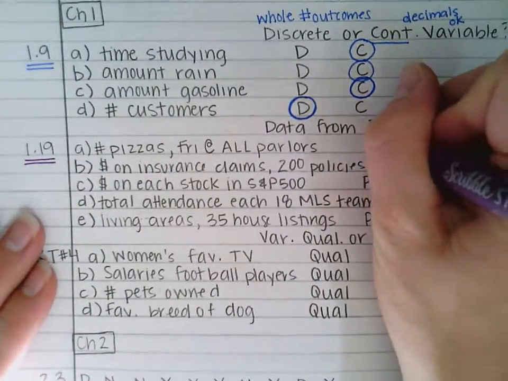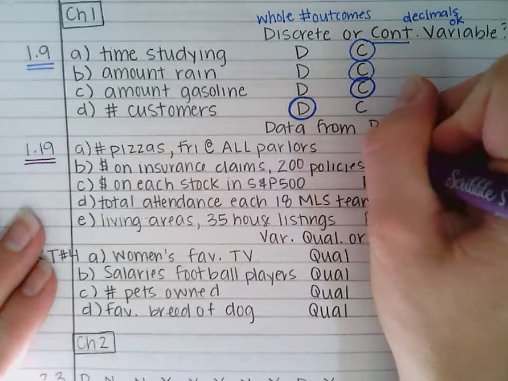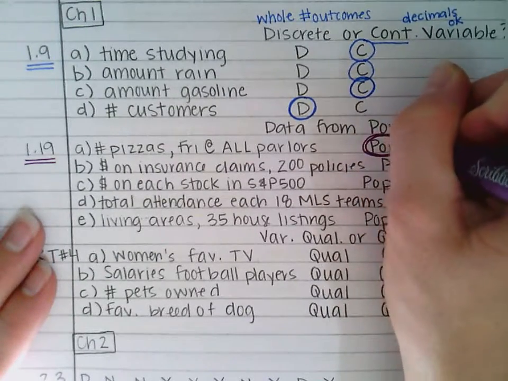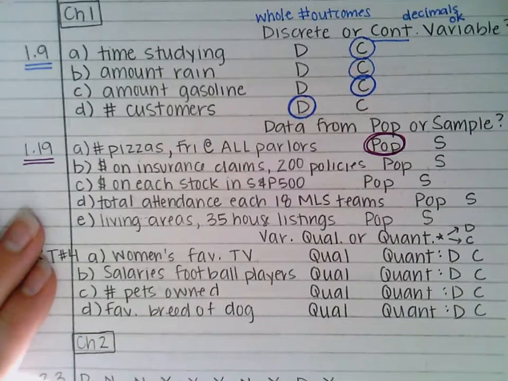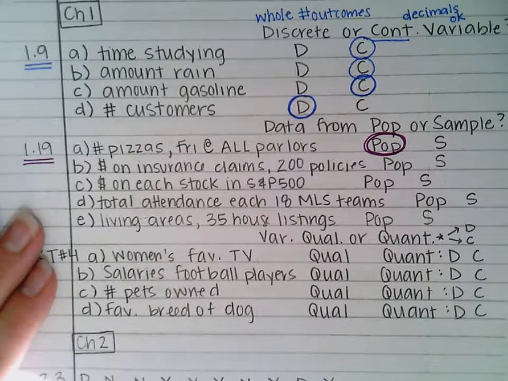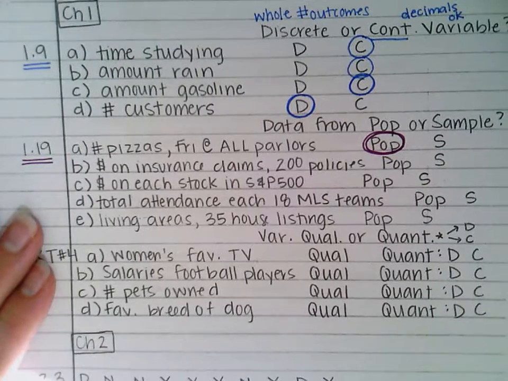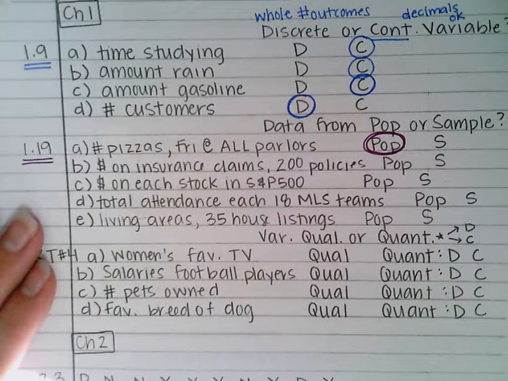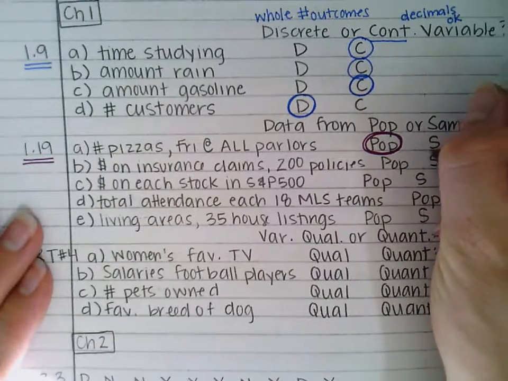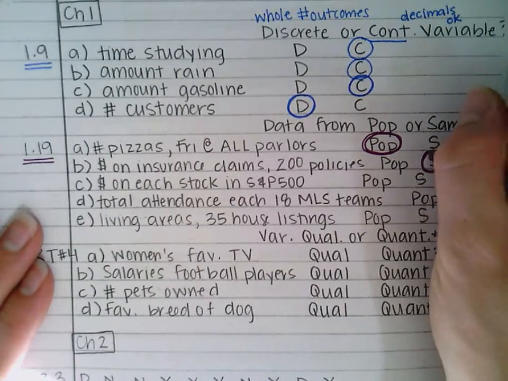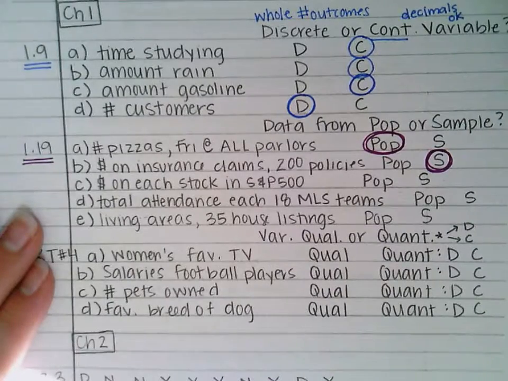And since the wording said all, that would be a population, okay, statistic or parameter actually that we get. Another question here is the money on insurance claims on only 200 policies. So since it gave us a subset number, that's going to be a sample.